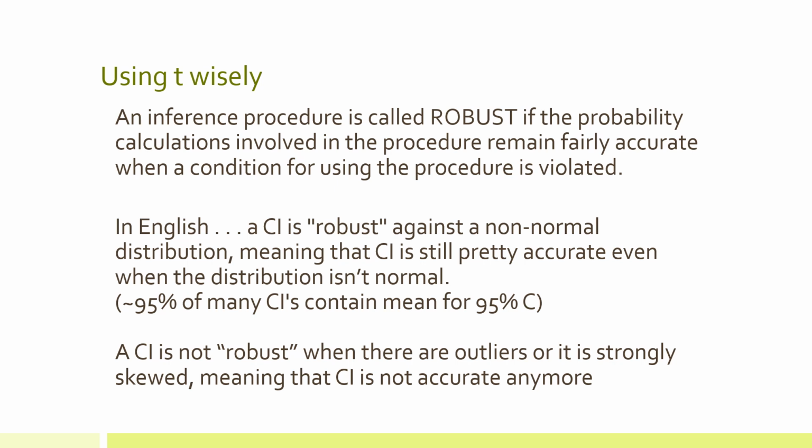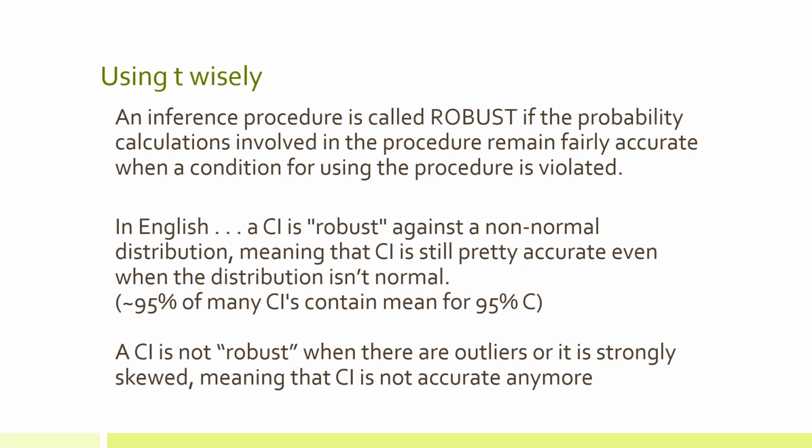So a confidence interval is not robust when there are outliers or when there is a strong skew, meaning that the confidence interval is not accurate anymore. To sum up all of this weird stuff with robust, basically it means that if you have a sample size less than 30, but there's no outliers and it's not strongly skewed, you're okay.